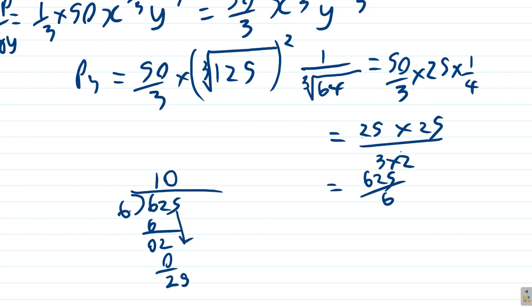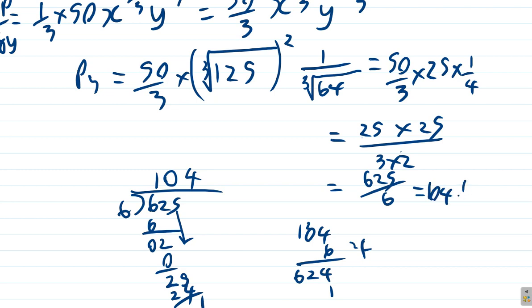Bring down the 5. 6 into 25 goes 4. 4 by 6 is 24. Remainder 1. So if you multiply 104 by 6, you get 6 by 4 is 24, carry 2, 6 by 0 is 0 and 2 is 2, 6 by 1 is 6. Good. And then we have one more to make this 625. Just checking. So we have 104 remainder 1, which is 104 and 1/6.